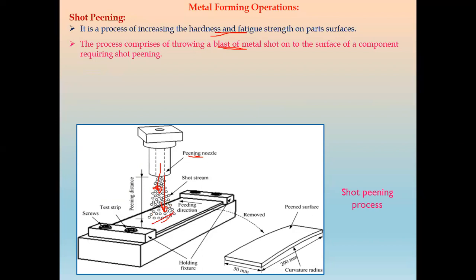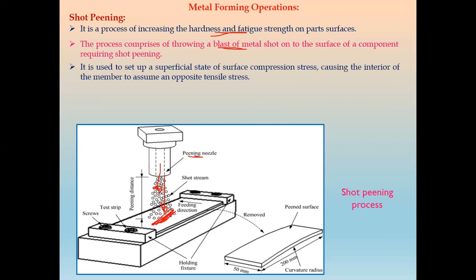Now, what is meant by shot peening? Shot peening is nothing but increasing the hardness or fatigue strength of any component. It is used to set up a superficial state of surface compressive stress, which causes the interior of the member to assume an opposite tensile stress.